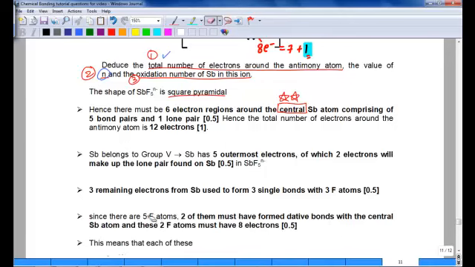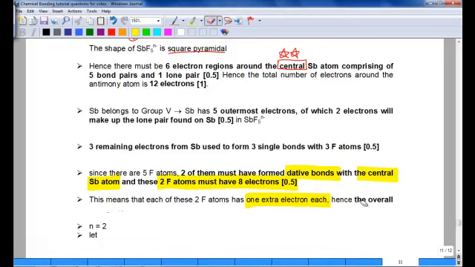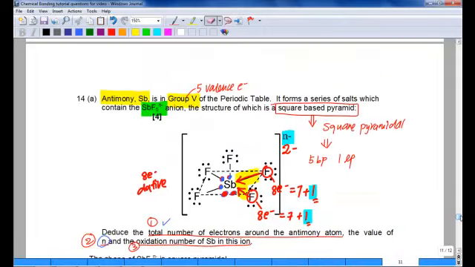Since there are 5 F atoms, 2 of them must have formed dative bonds with the central Sb atom, and these 2 F atoms must have 8 electrons, which means that each of these 2 F atoms has 1 extra electron. Hence, the overall charge on the ion must be 2 minus. I have already gone through the thinking process with you using this diagram.